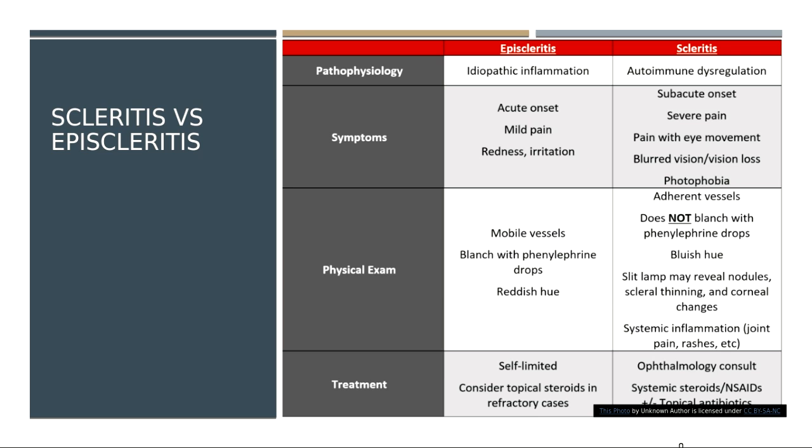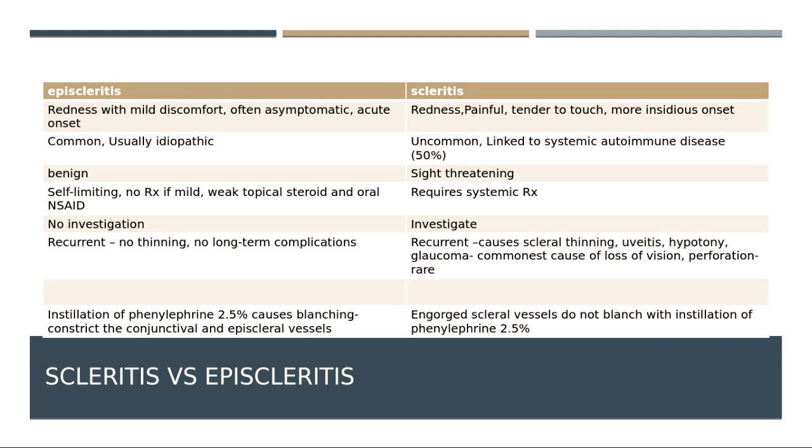If you suspect a patient has scleritis, they need to be referred to the ophthalmologist, because quite likely they may require systemic immunosuppression. All right, so you can go through that again, and here's just another chart comparing episcleritis to a scleritis.